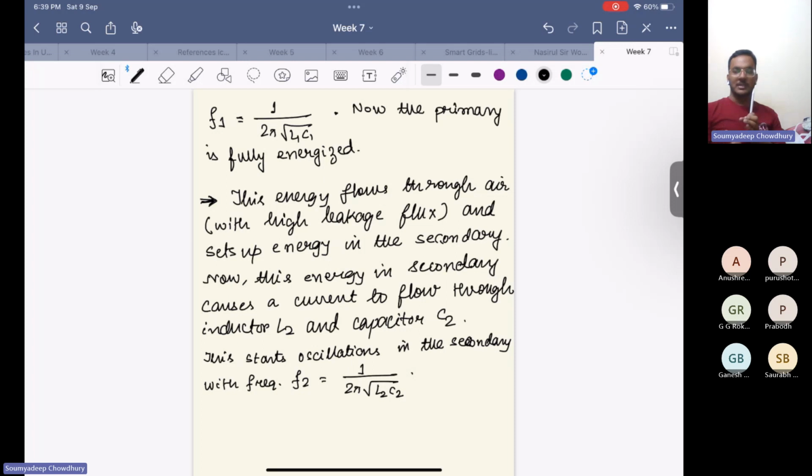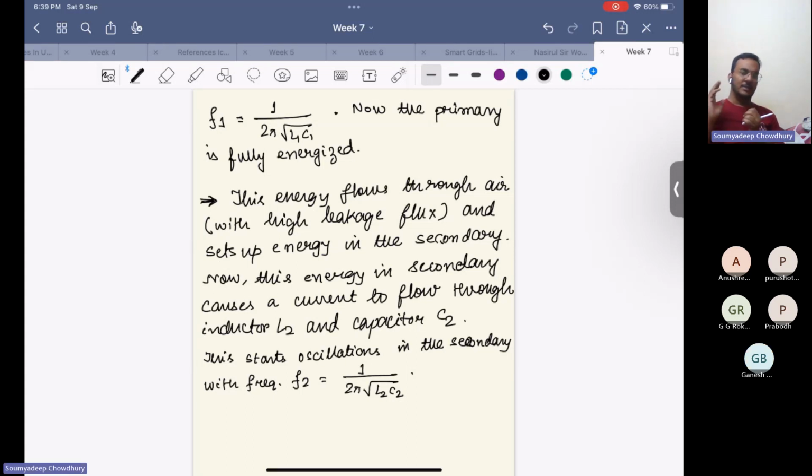Since there is an imbalance in energy, energy will transfer from secondary to primary. The amount of energy transferred in this cycle is much lower than the previous cycle, because in the previous cycle there was transfer of energy from primary to secondary, and that was because of energizing of this inductor L1.